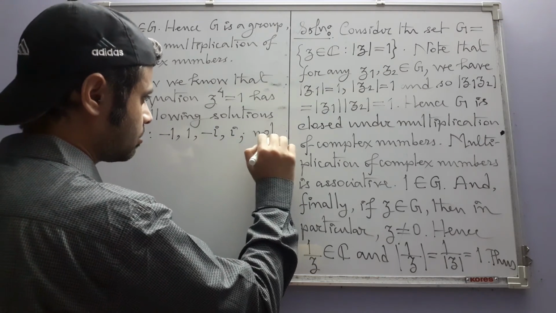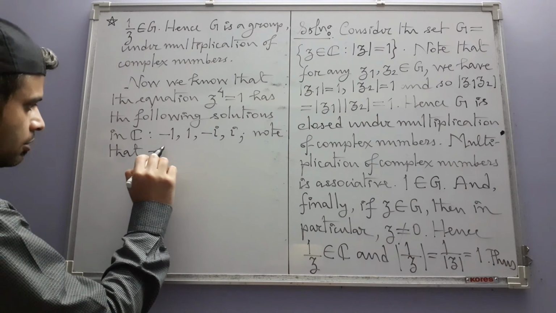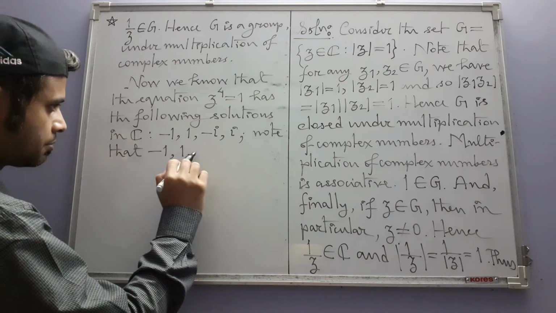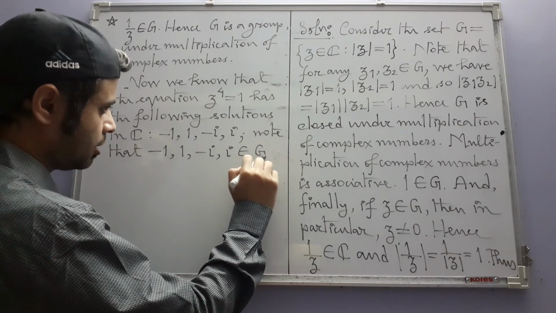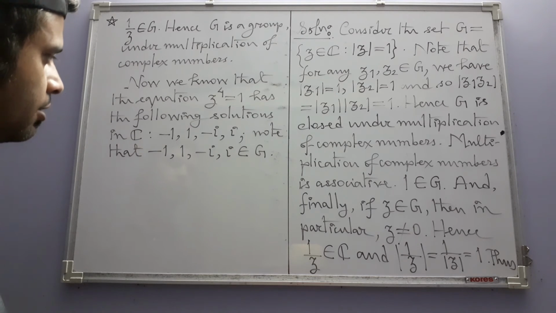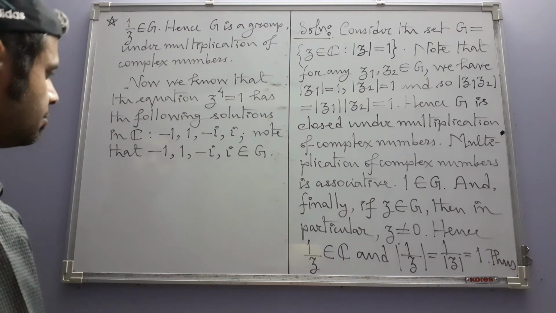Note that these numbers actually belong to G, because the absolute value of each one of them is equal to 1.